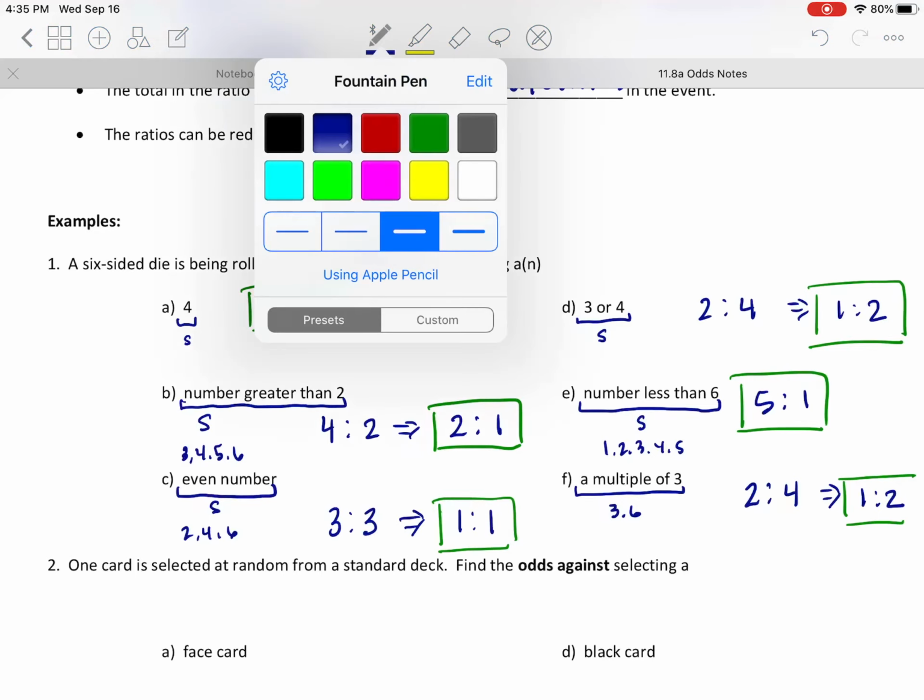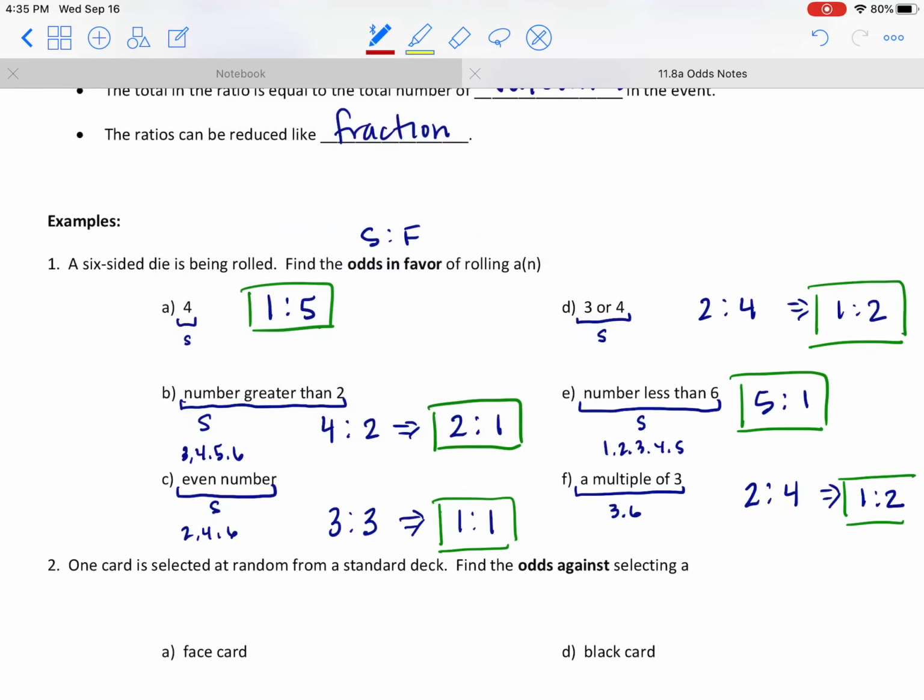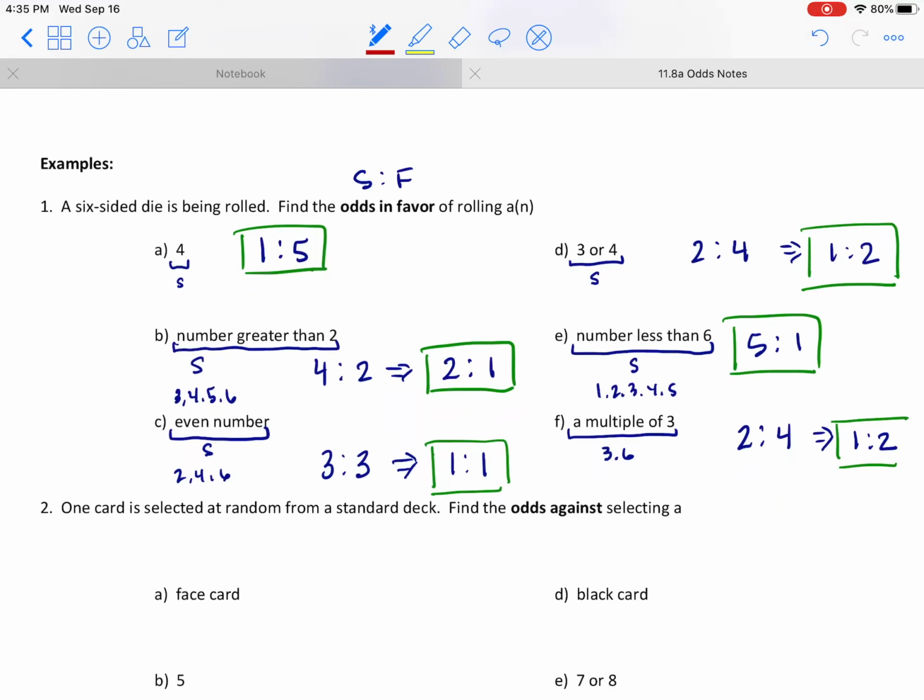So same thing on the next one, except instead of odds in favor, we're going to be looking for odds against. So odds against means we're going to put the failures first, and then we're going to put the successes next. Okay. Now we're going to be selecting one card from a standard deck. There are 52 cards in a standard deck. That means the total in our ratio should be 52.